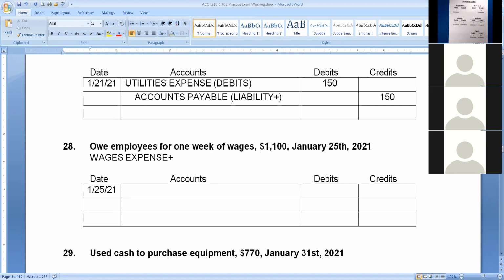For 1 week wages, either accounts payable or more likely the book would put wages payable. Some kind of liability is also going up. So we owe these people more money. We owe them $1,100. But the nice thing is, whenever you see that expense, debit.